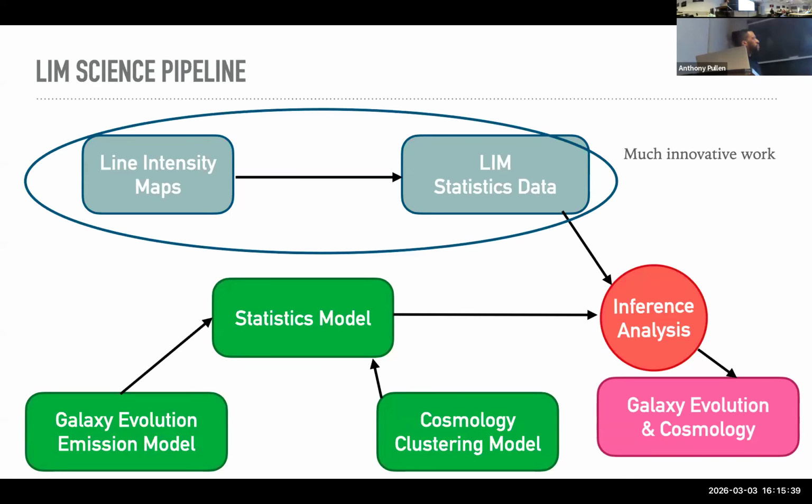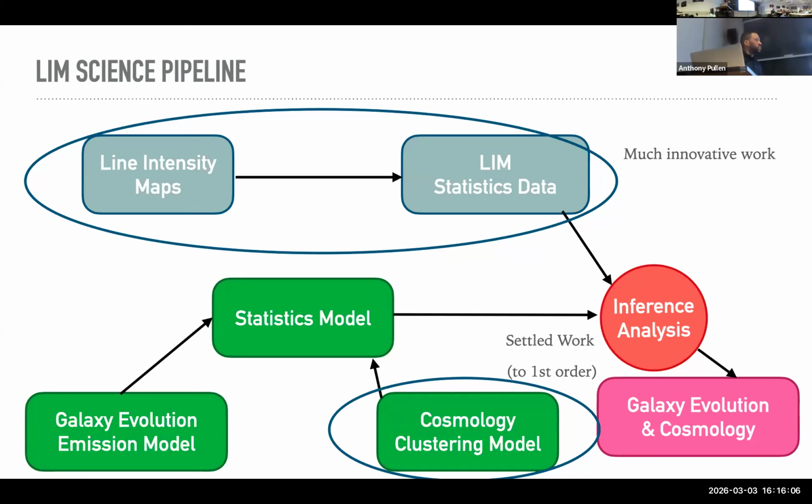First of all, much innovative work has been done on designing pipelines for processing line intensity maps and on the various statistics that can be used to get at the science from these maps. For the cosmology clustering model, I believe at least the first order has been settled. We know what the power spectrum looks like, at least on linear scales, so this is basically a solved problem to first order.